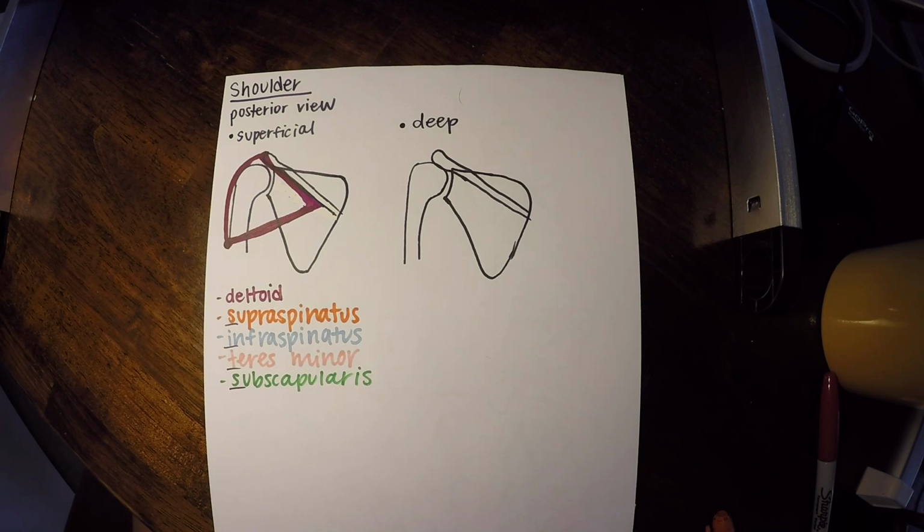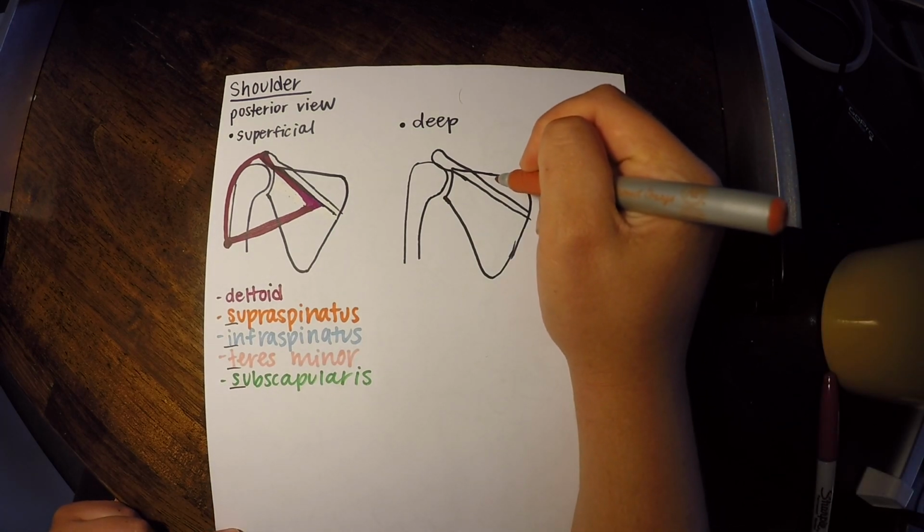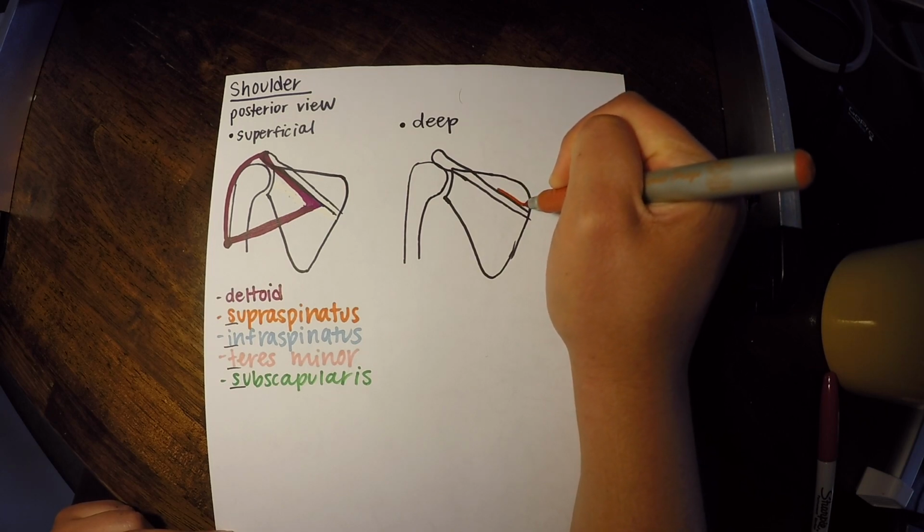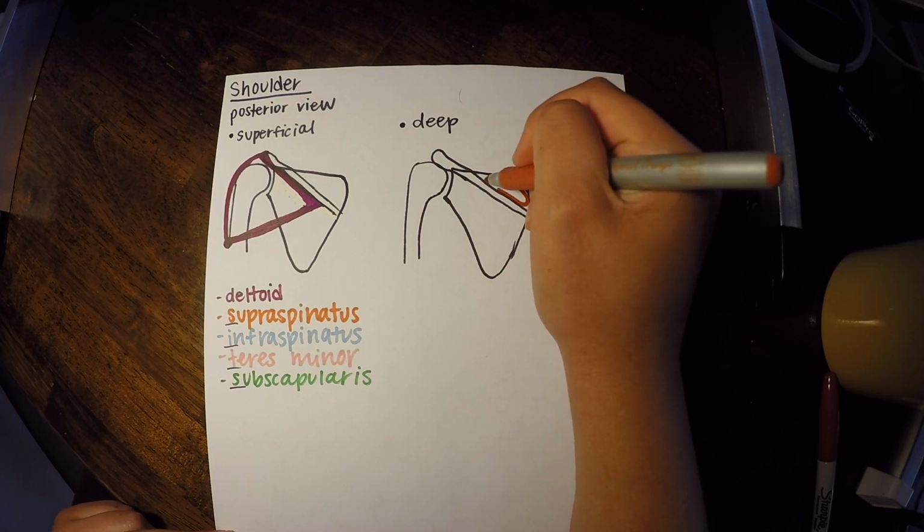So first we have supraspinatus, which, do you remember the supraspinous fossa, which is right here? Well, that's where our supraspinatus muscle sits, right where that fossa is.